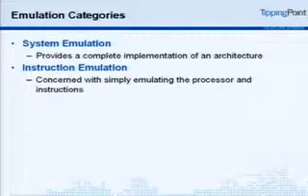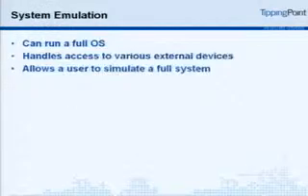Parallels people running those on Mac and VMware running different sorts of operating systems. For PyEmu, I focused on more instruction emulation. And its concern is simply emulating the processor or instructions that the CPU would execute as it runs. So we'll try and kind of show how those are a little bit different and whatnot.